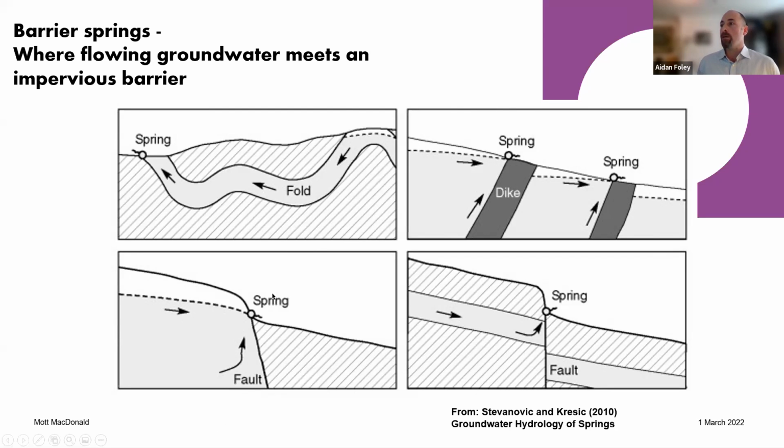For example, here we have two different lithologies faulted against one another, and water flowing through the one encounters the barrier and then discharges at the surface at this point. A similar setting is here, except the barrier is imposed by an intrusive volcanic dike.